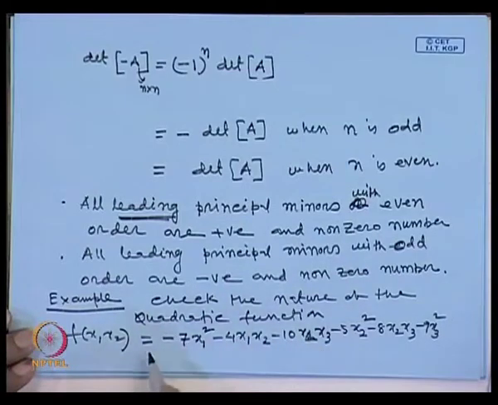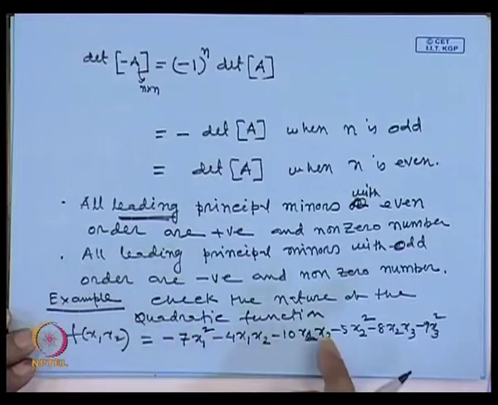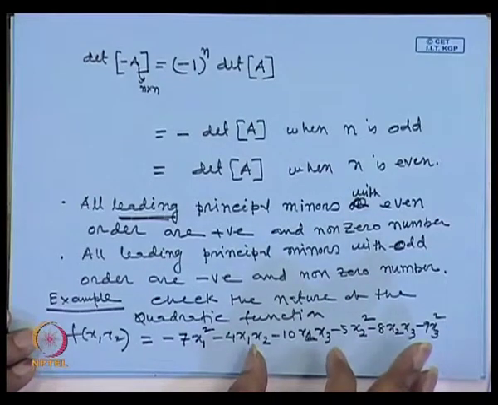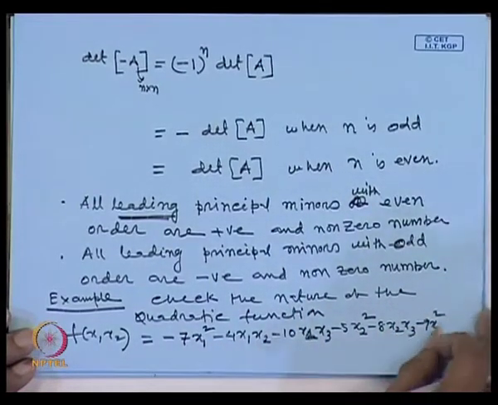For this example, check by using the Sylvester criteria the nature of this quadratic function, whether it is a negative definite function, because previously it was a positive definite function.